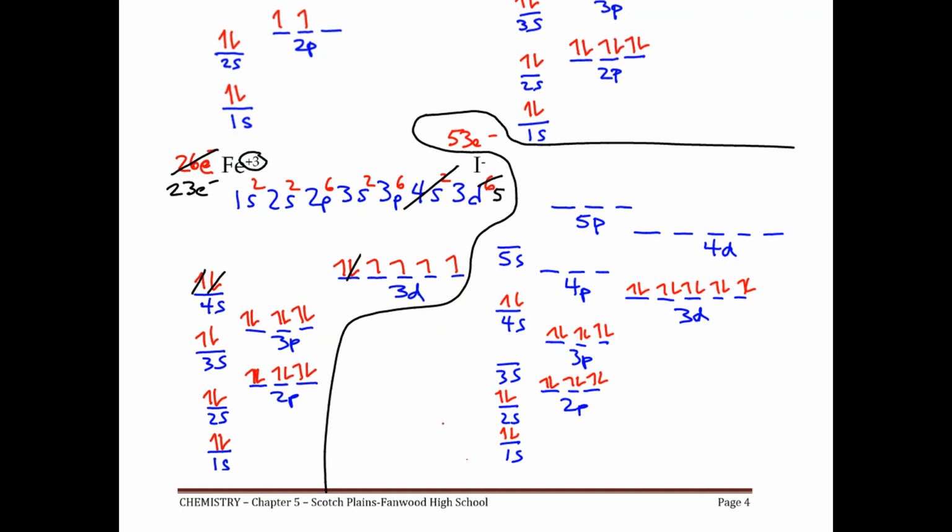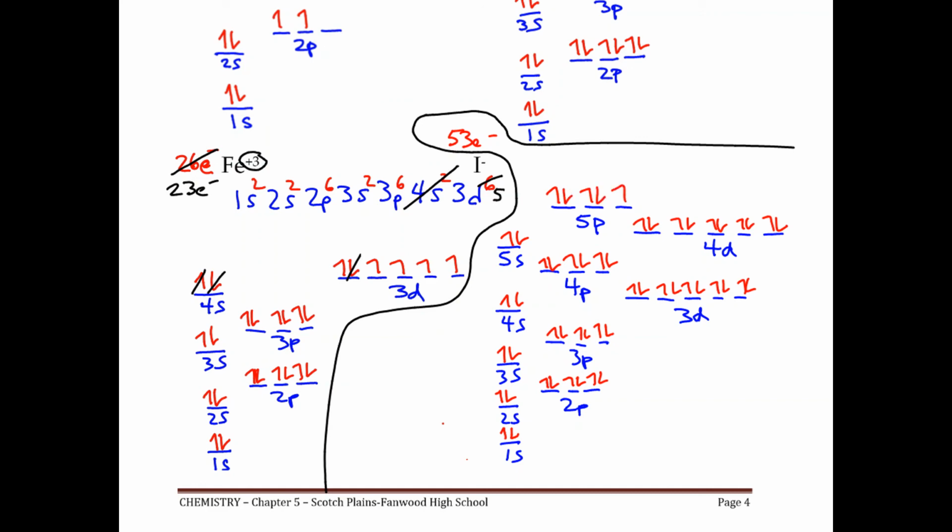Oh yeah, I forgot the 3s. Sorry about that. That's 30. Okay, keep going. 31, 32, 33, 34, 35, 36, 37, 38, 39, 40, 41, 42, 43, 44, 45, 46, 47, 48. Now we have to get to 53. So 49, 50, 51, 52, 53.